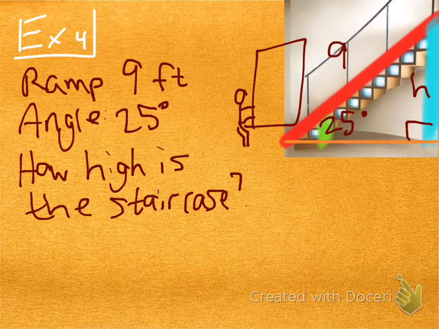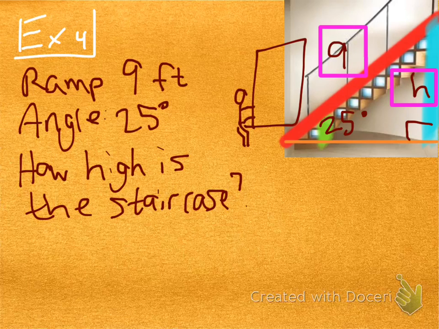So we can set up a trig function here. The angle that we have is 25 degrees, right? H is the opposite side length to the 25, and we're given the hypotenuse. So we're looking for something that involves opposite and hypotenuse. Hopefully you recall that sine involves the opposite and hypotenuse.